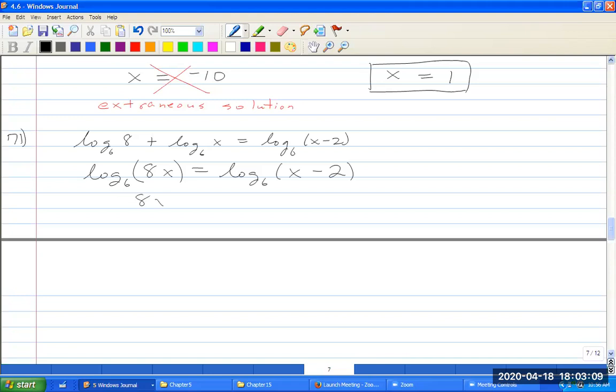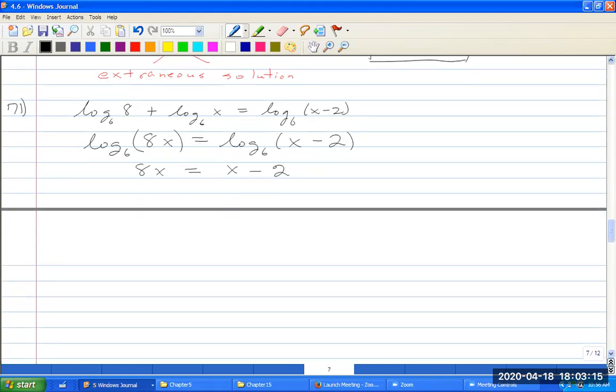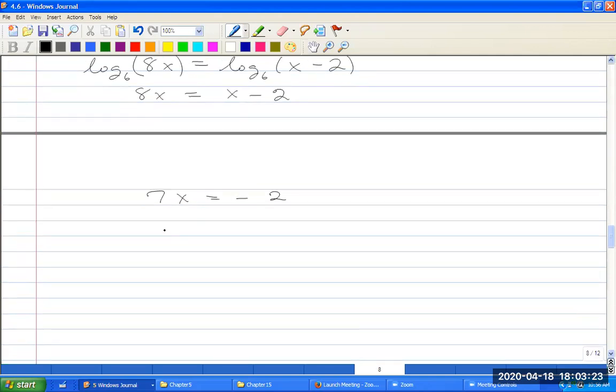So 8x must equal x minus 2. Subtract x from both sides of your equation. So 7x equals -2. Divide both sides of your equation by 7. So x equals -2 over 7.